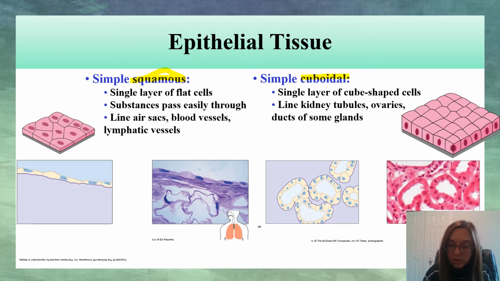This one is also a drawing, and here are the cuboidal cells. They line kidney tubules, ovaries, and ducts of some glands. Now, thinking about their structure, they have more space than a squamous type cell, so it makes sense that they would be in these areas because they can secrete materials as needed, and especially in glands.